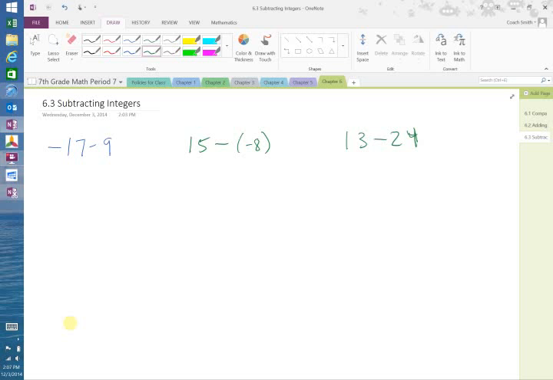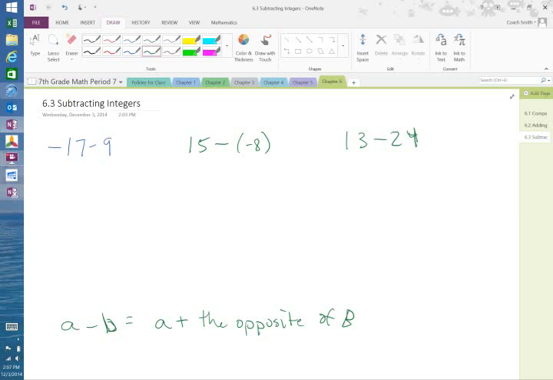The rule is this: A minus B equals A plus the opposite of B. Those two things are the same.